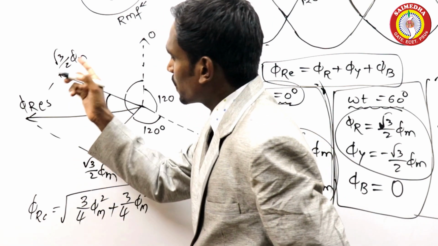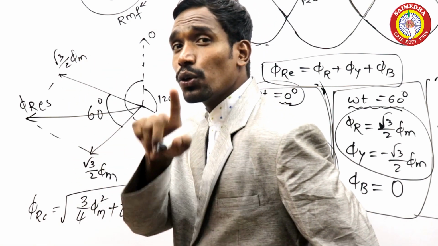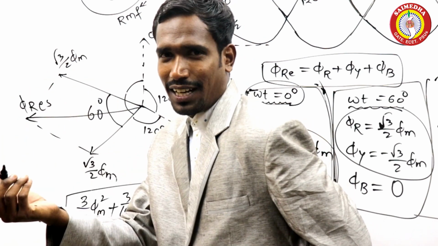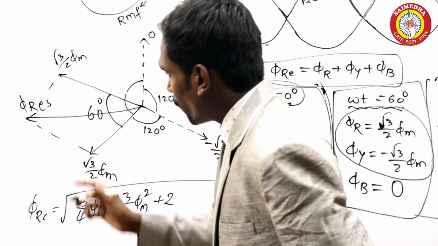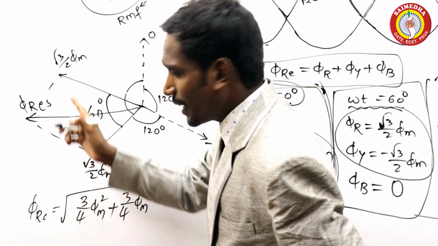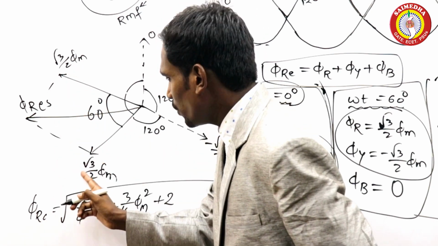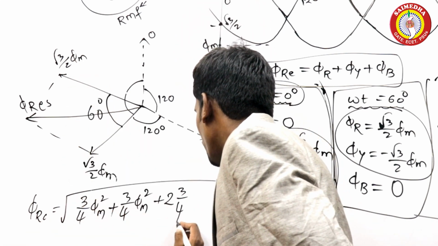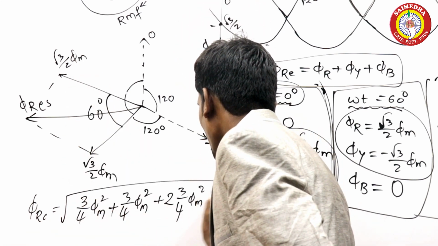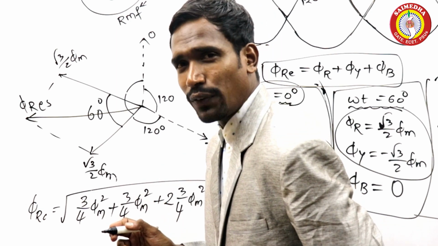Phi 1 square plus phi 2 square plus 2 phi 1 phi 2 cos theta. Yes or no? So plus 2 phi 1 into phi 2. Can you tell me what is the value of phi 1 into phi 2? Phi 1 into phi 2 is again 3 by 4 phi m square.